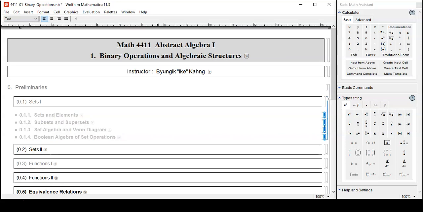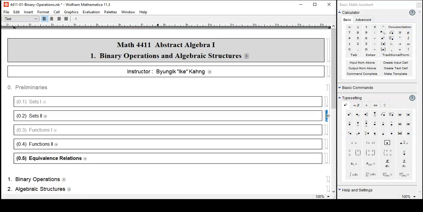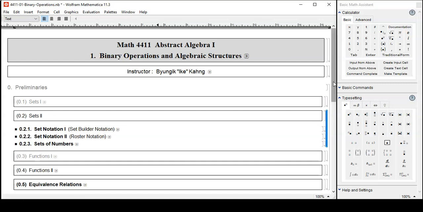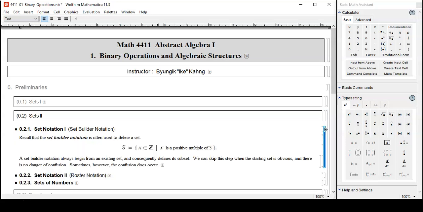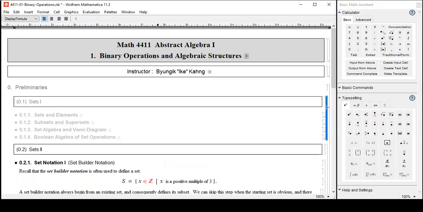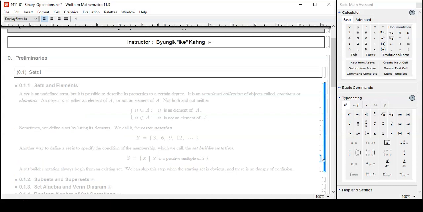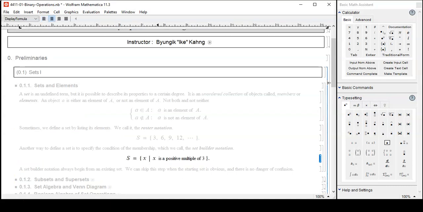Okay, now let's go a little bit deeper. Let's consider set builder notation in a little bit more detail. Here is the correct notation for set builder notation. It always begins with a pre-existing set and defines its subset. What did we do previously here? Previously we did this.